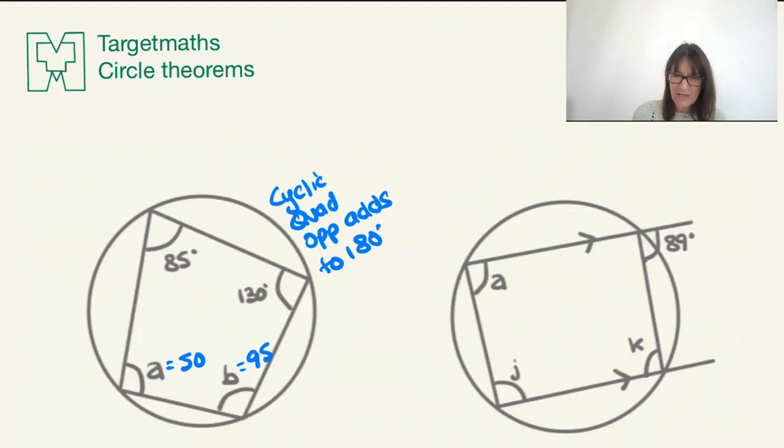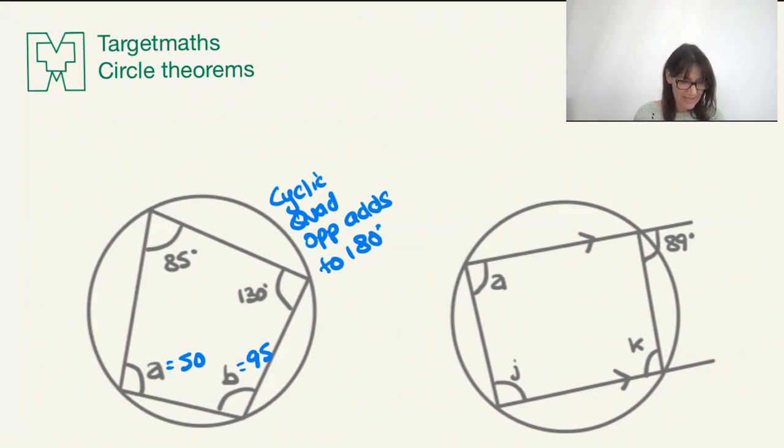Okay, so the first thing to do is just to take your time with everything that you've got going on in this diagram, because there is a lot going on, okay? I can see that I have a set of parallel lines. Now, if they've given me a set of parallel lines, they've done that for a reason. So the chances are I'm going to use Z or alternate angles, something's going on here, okay?